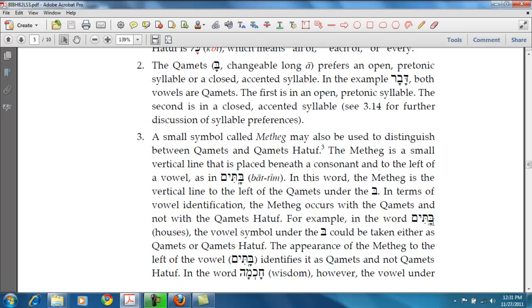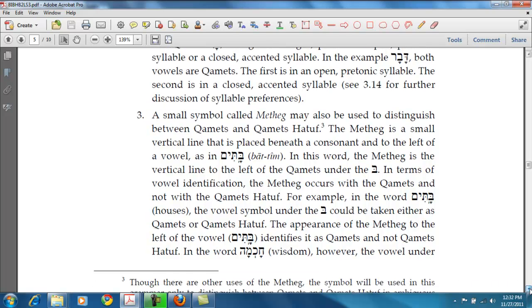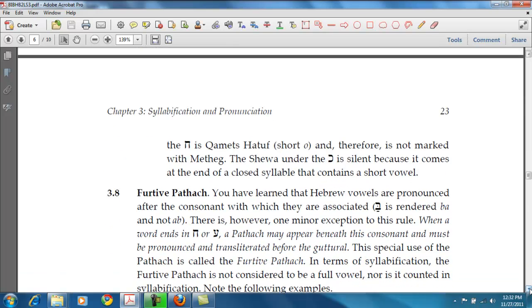So what he's saying here is that if that metheg wasn't there, it could be either one. But since they are putting the metheg there, it's telling you that it is not a qamets chatuf. And in the word chokhmah, however, the vowel under the chet is a qamets chatuf. It's a short o, and therefore is not marked with a metheg. The shva under the kaf is silent because it comes at the end of a closed syllable that contains a short vowel.